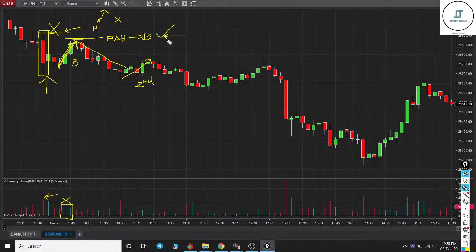So there is more weakness on the side of buyers, and slowly strength is developing on the side of sellers. Look at this, volumes were pretty low when compared to the previous candle. And this was the third attempt from the buyers for the day.